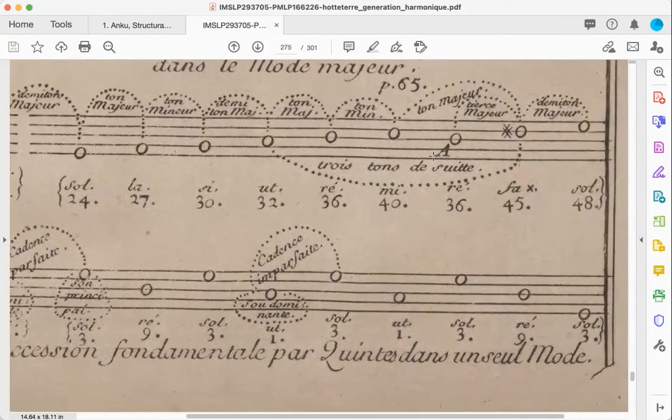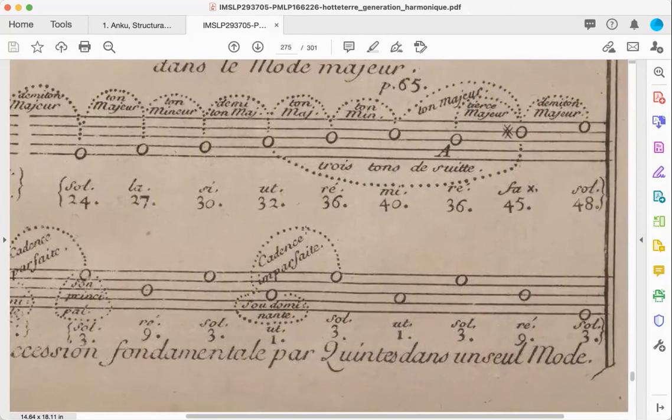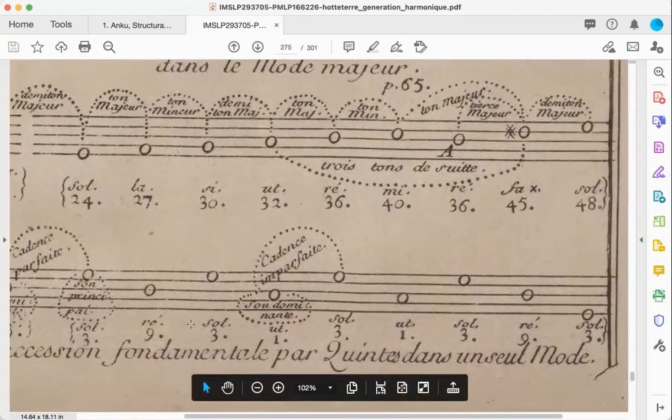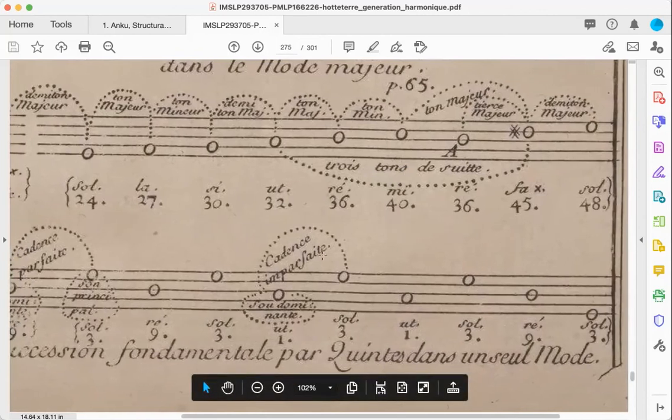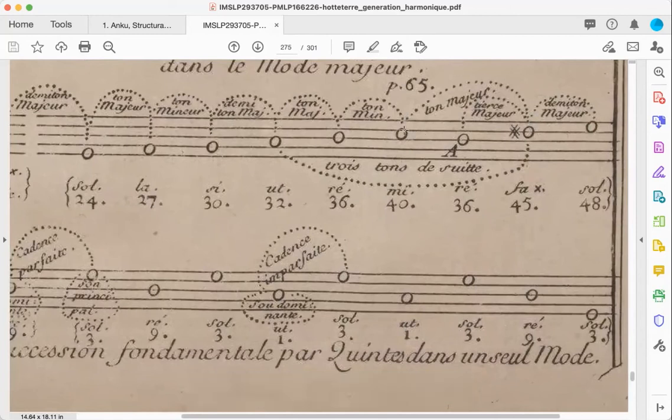Now here is where a problem arises. If we can only move by fifths, how do we get from scale degree 6 to scale degree 7? We cannot. This is a serious problem for the harmonic derivation of the major mode.